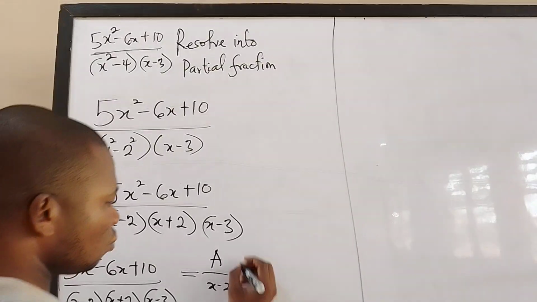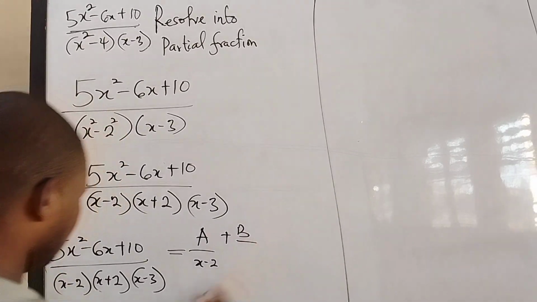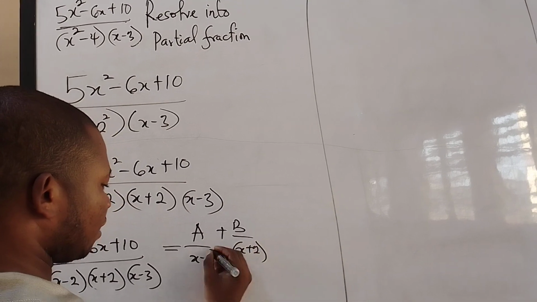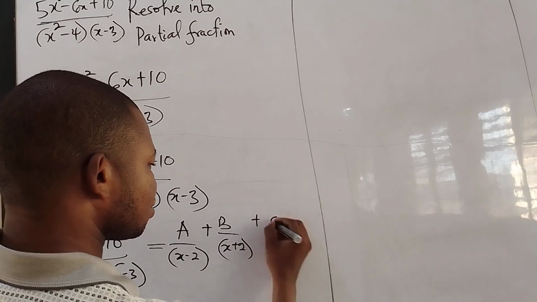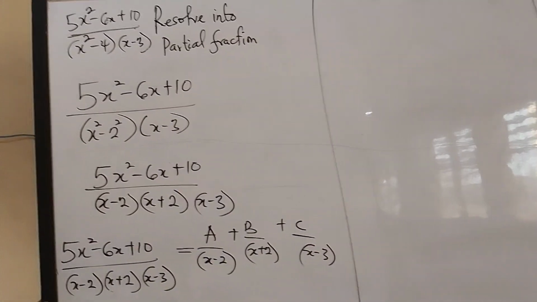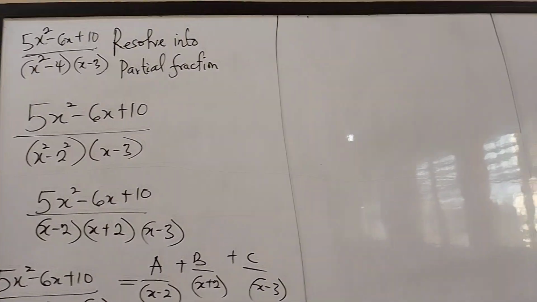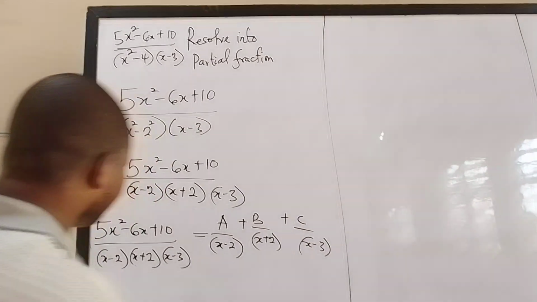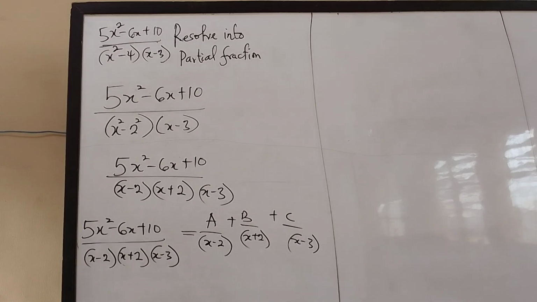X minus 2, then plus B over what? X plus 2, and finally plus C over x minus 3. So having done this, you are on your way to heaven.